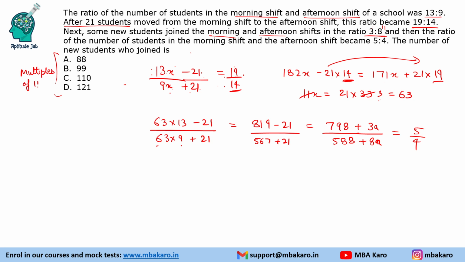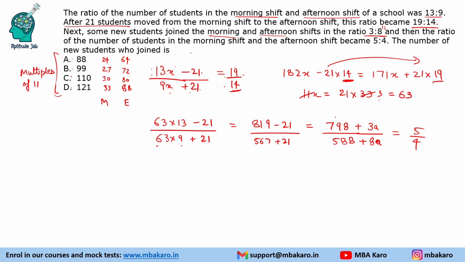So multiples of 11. Now multiples of 11 means we can split into 3:8. So multiply by 8 times, 9 times, 10 and 11 times. So 3 into 8 is 24, 27, 30, and 33, right? And the second will be 64, 8 into 9 is 72, and 80 and 88. So this will be in the morning shift and this will be in the evening shift.